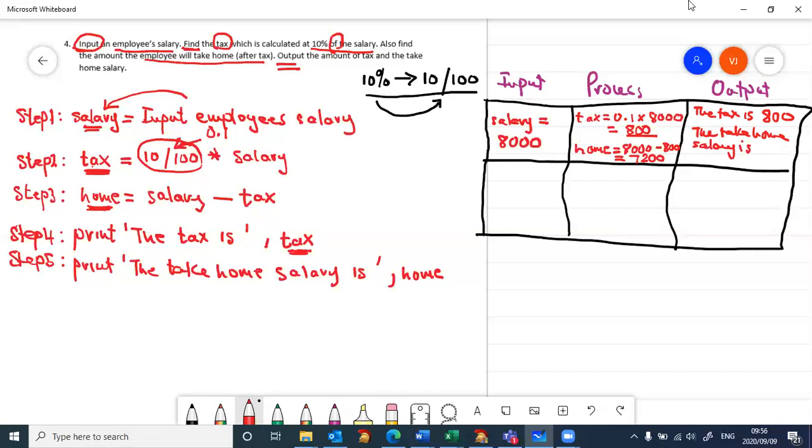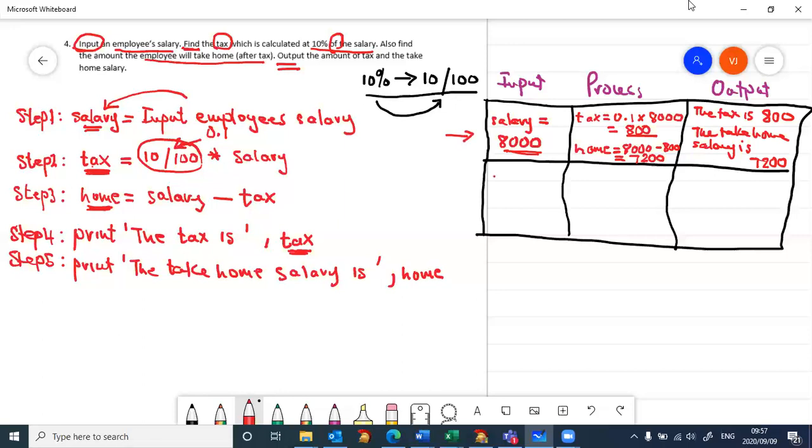And the home placeholder is 7,200. And if you add the 7,200 plus the 800, that gives you a total of 8,000, which is the employee's salary. So that is an indication that our calculations are correct for this particular input value.